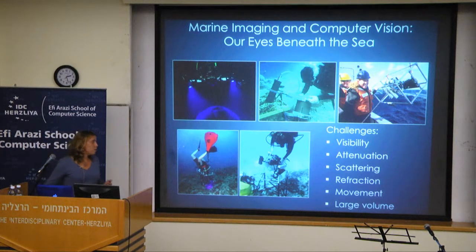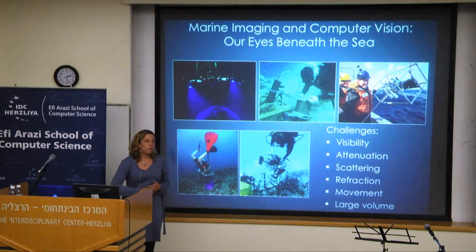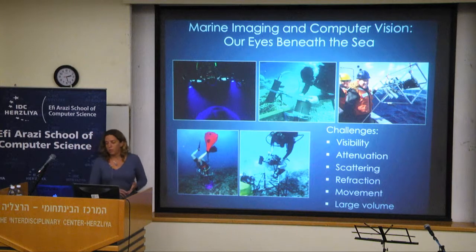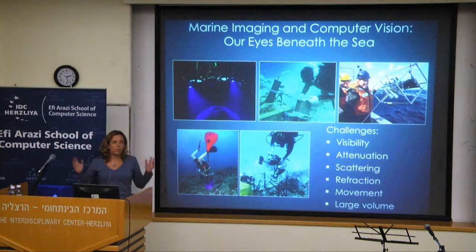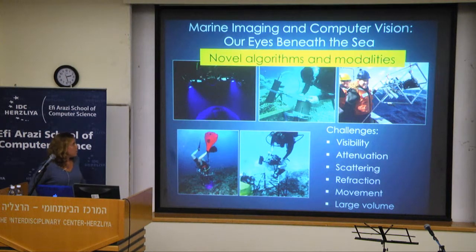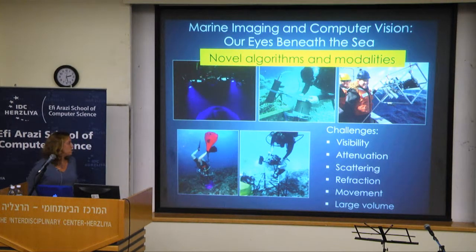So when you work in the ocean, many computer vision algorithms won't work, because of many challenges: visibility problems, attenuation, scattering, color changes, refraction, movement, and also, when you imagine the large volume of the ocean, if you want to cover it, you need to do it wisely. And this is the goal of my research, to develop novel algorithms and imaging systems for ocean science.